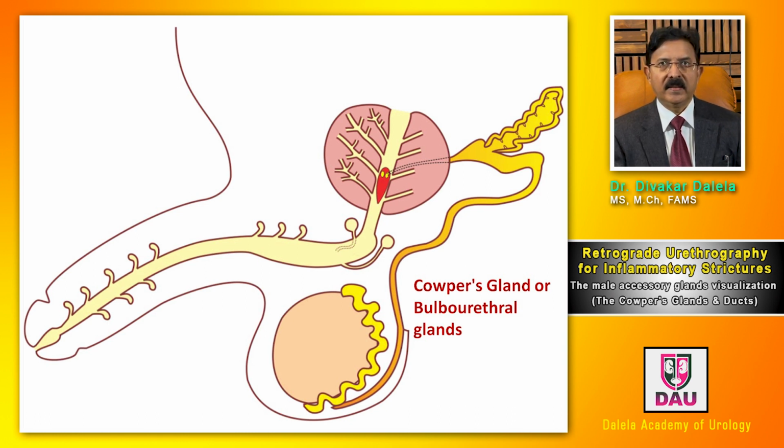And within this black circle, you will see there are two paired glands which are located in the urogenital diaphragm, and then they have a rather long duct which traverses parallel to the undersurface of the bulbous urethra and then drains into the bulbous urethra. These glands are called bulbourethral glands, and they are also called Cowper's glands. The Cowper's gland name is more popular.